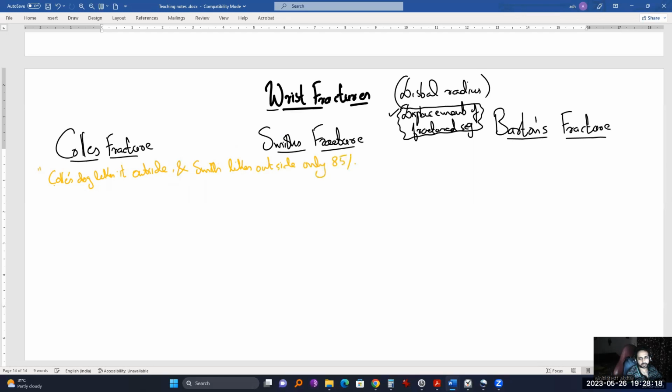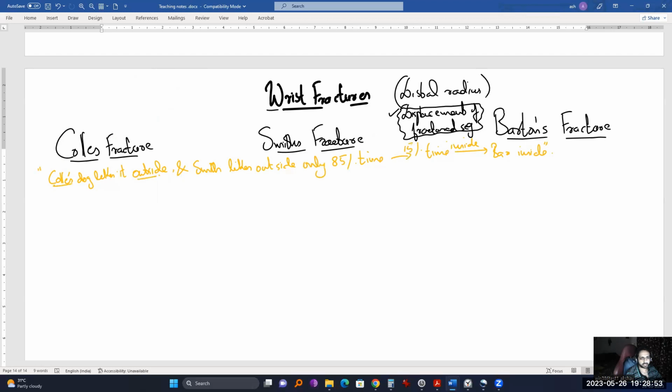85% of the time. The rest of the time, that is 15% of the time, he likes it inside because there is Bar inside his house. So what this means is, Collie means Colles fracture.